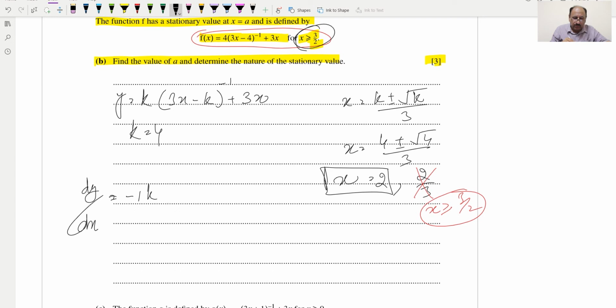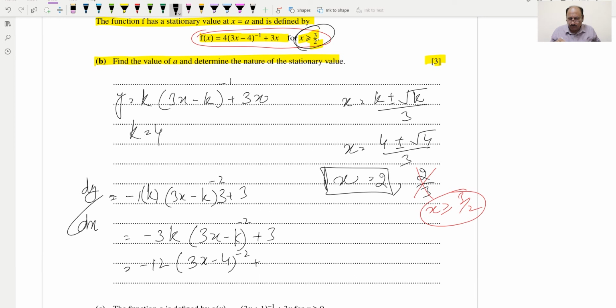So minus 1 into k and 3x minus k raised to minus 2 plus 3 and into 3 also, and this will be minus 3k into 3x minus k raised to the power minus 2 plus 3, and further we can replace k by 4, and this will be equal to minus 12 into 3x minus 4 raised to minus 2 plus 3, and d2y over dx square also we can find. d2y over dx square, second order derivative will be minus 12 into 2, minus 2 will be minus 24 into 3 derivative, so we'll get minus 72.